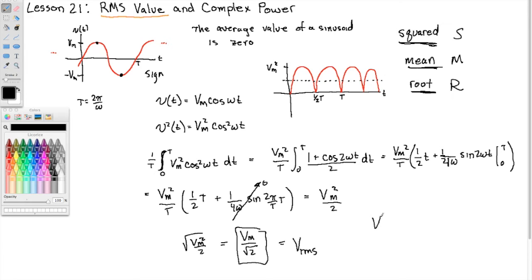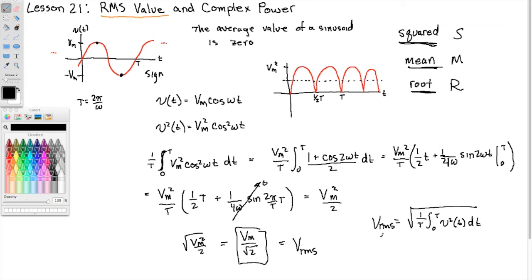So the RMS value of a voltage signal is the square root of the mean of the square of the sinusoid. There you go.